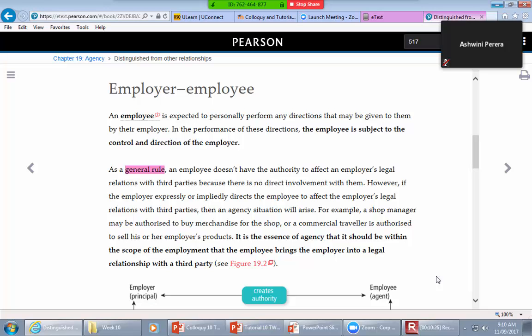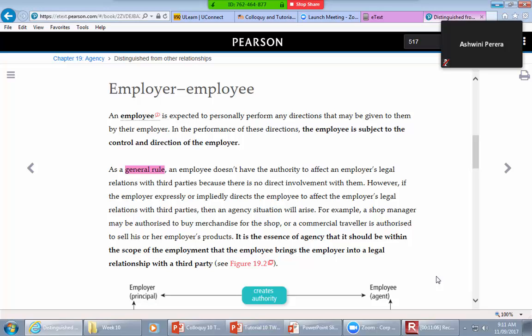What does that mean? So the general rule says that as an employee, you are not expected to deal with third parties directly. Back office kind of approach. General rule. Do you know of any employees which are not actually back office employees? Employees that are actually expected to deal with third parties. Anyone? So Jackie said managers, which is true.